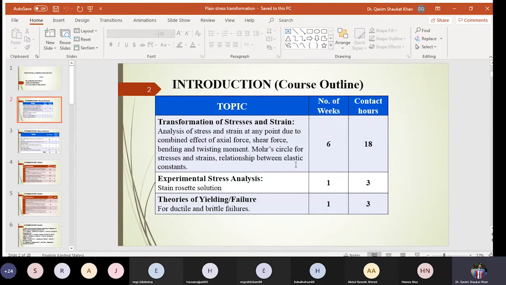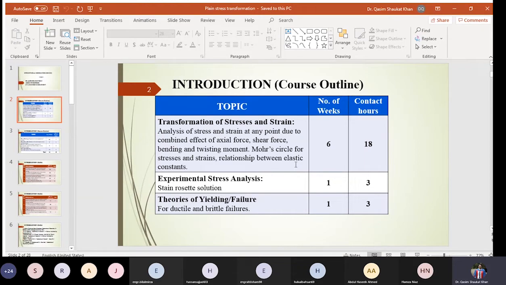As you have seen in the tension test in our lab, the mild steel specimen will fail in a ductile manner, forming a cup and cone, whereas the cast iron specimen in tension will exhibit brittle failure. It will have very smooth surfaces and it will fail in a brittle manner.